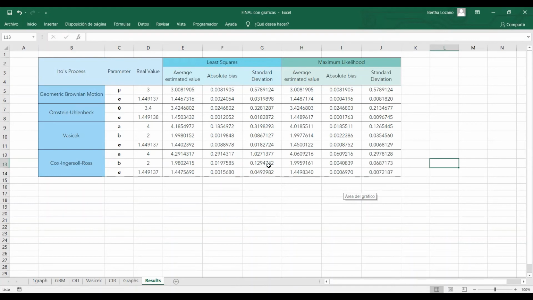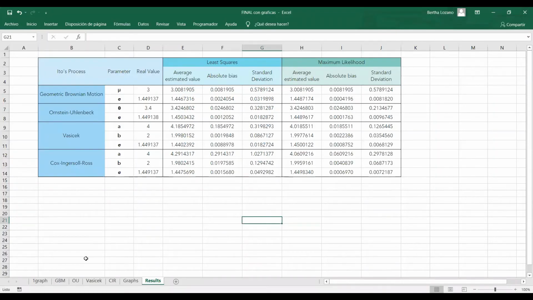Likewise, the standard error is a statistical term that measures the accuracy with which a sample distribution represents a population by using standard deviation, meaning also the smaller the deviation, the closer the approximation, and the better the method. So this comparison can be seen here in this table, showing that maximum likelihood is slightly better at estimating than the least squares method.